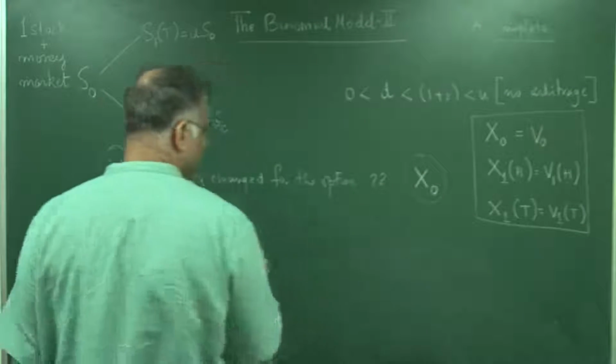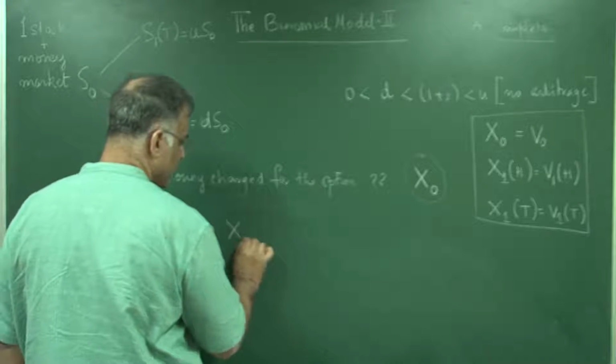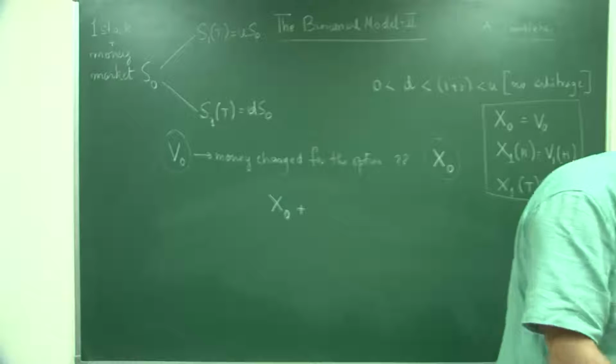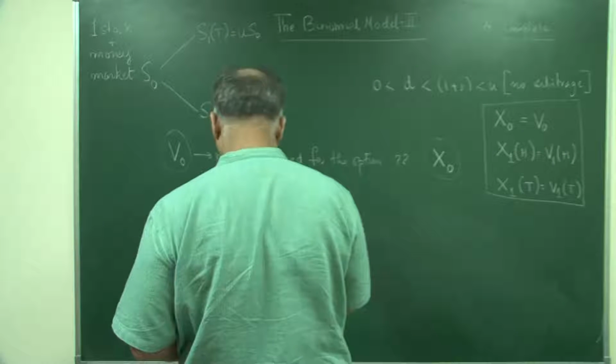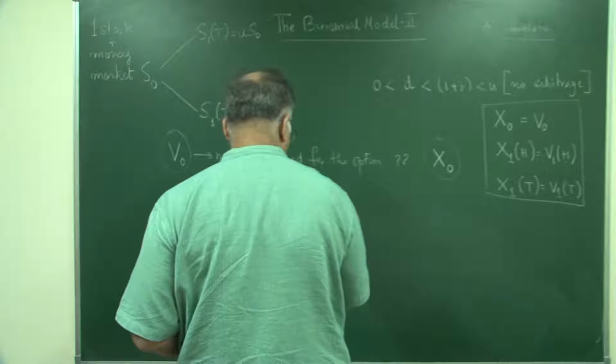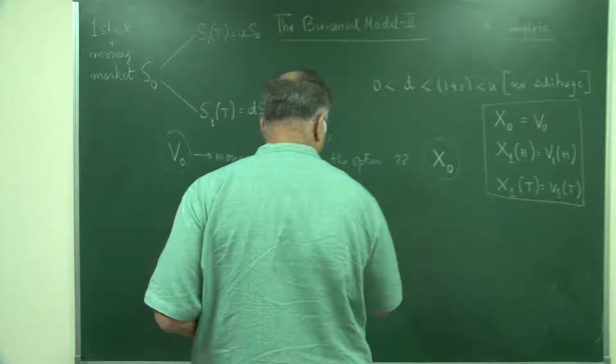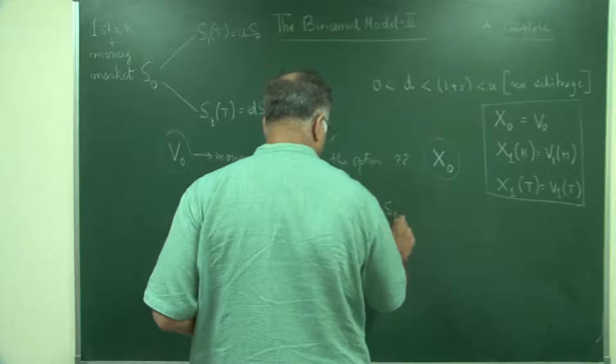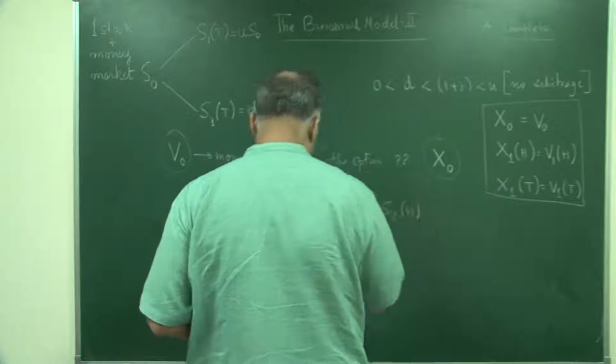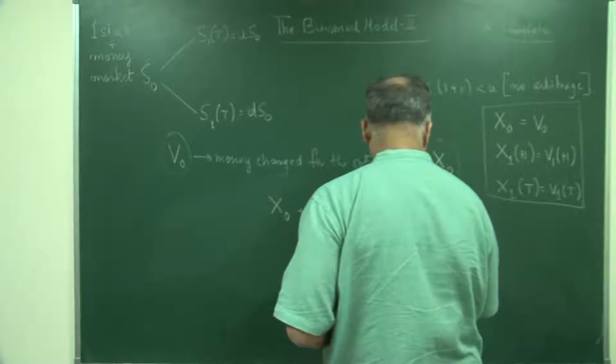I can write in the first case x naught plus, just writing it down from the book so that you check the calculation. So, this is when H occurs.